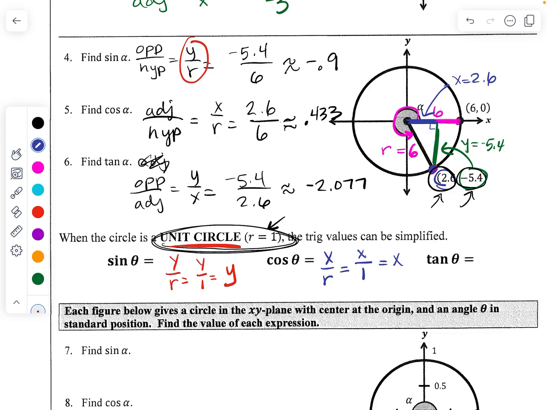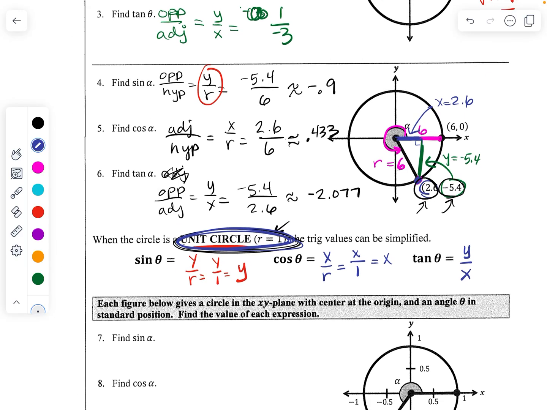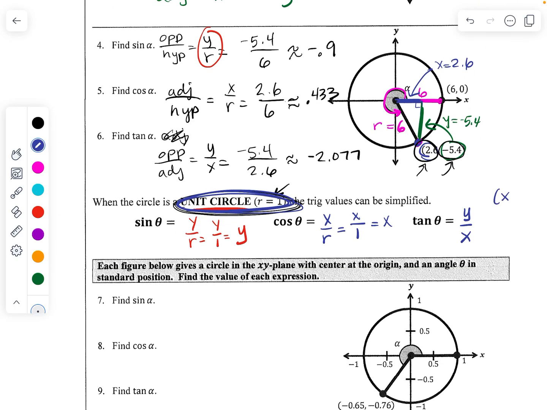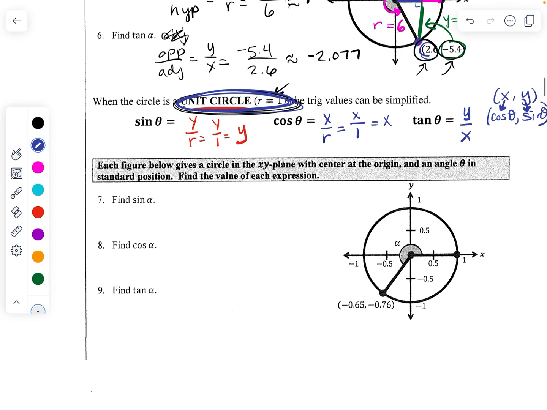Tangent is still going to be y over x. But this is the shortcut for when the unit circle is there. We can just trust, therefore, that if I'm looking at the point x comma y, that's also like looking at the cosine of theta comma the sine of theta. Okay, so whatever the x value is will give you your cosine. Whatever the y value is will give you your sine.